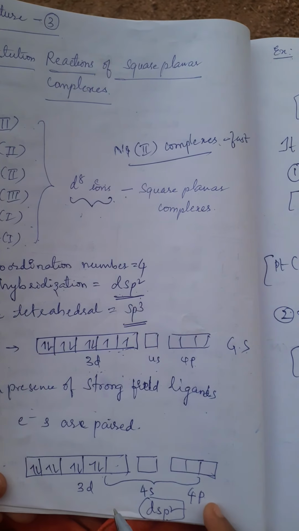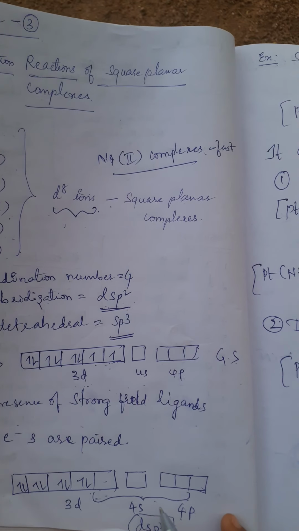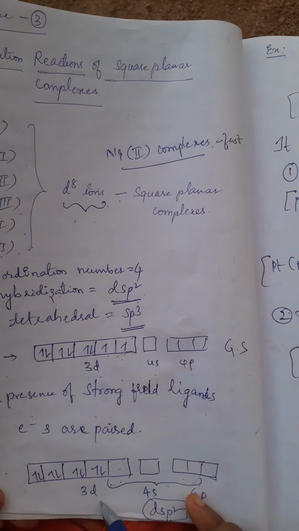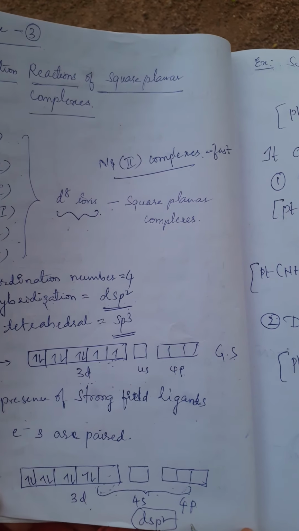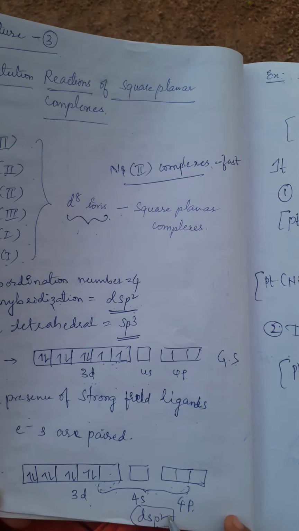After pairing, the valence orbitals, the 3d orbital, 4s orbital and two 4p orbitals, undergo dsp2 hybridization.